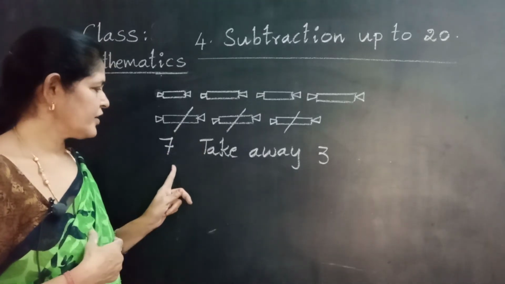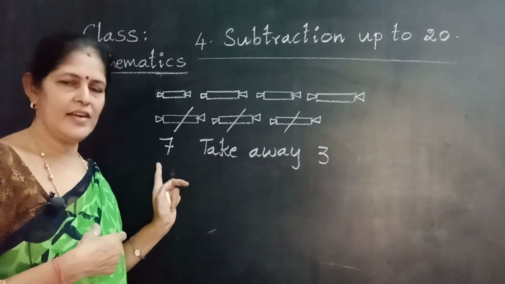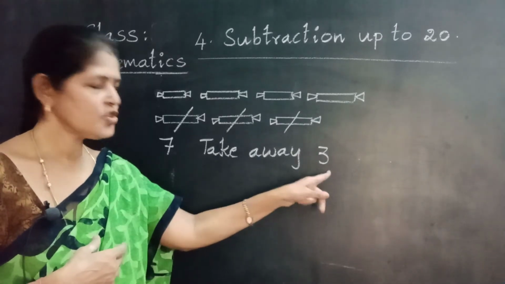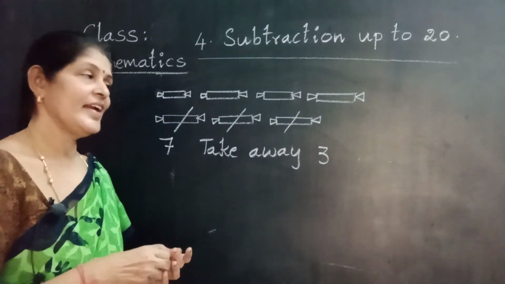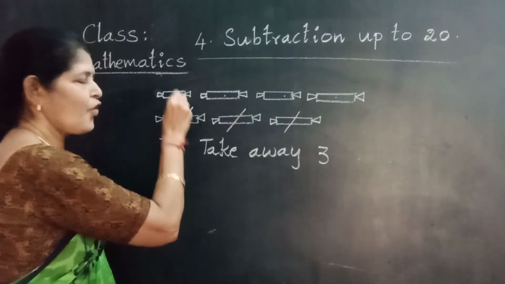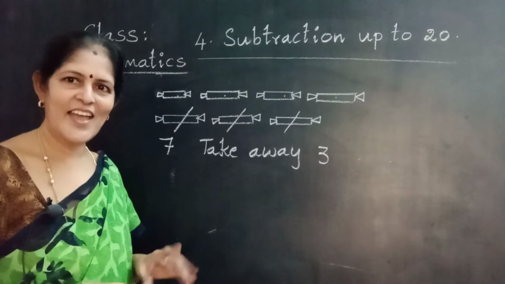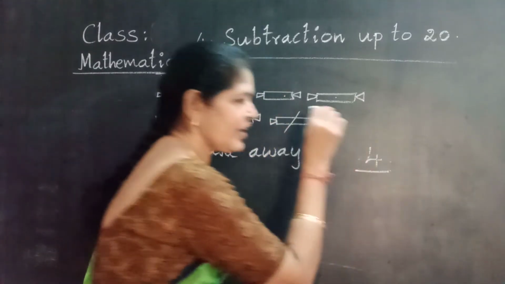That is going to take away 3 chocolates from 7. Then how many are left? Let us count. 1, 2, 3, 4. Now how many chocolates do I have? 4. Still I have 4 chocolates.